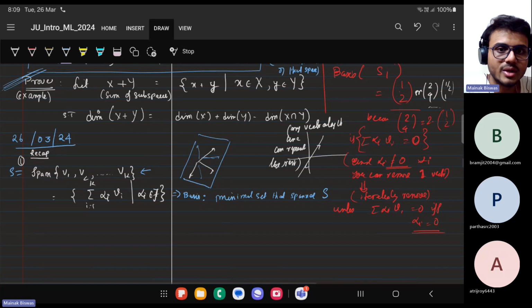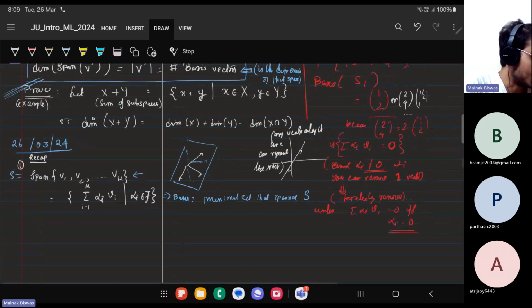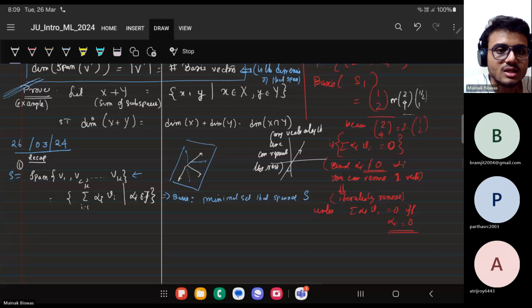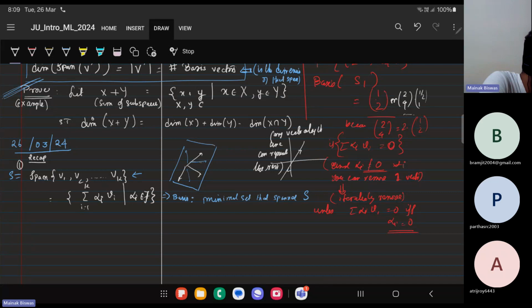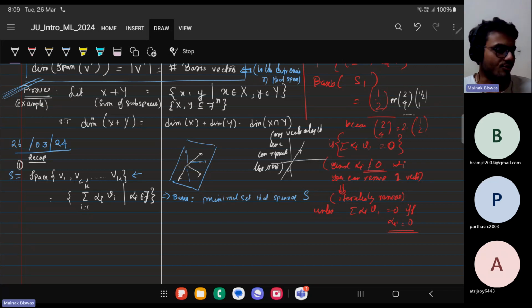That's primarily what we'll be dealing with, and we'll start with a small problem to recall things from last class. The problem is the sum of two subspaces. Say x and y are subspaces of a vector space, say F to the power n, where F is the field of numbers and it's the collection of n numbers, if you recall.